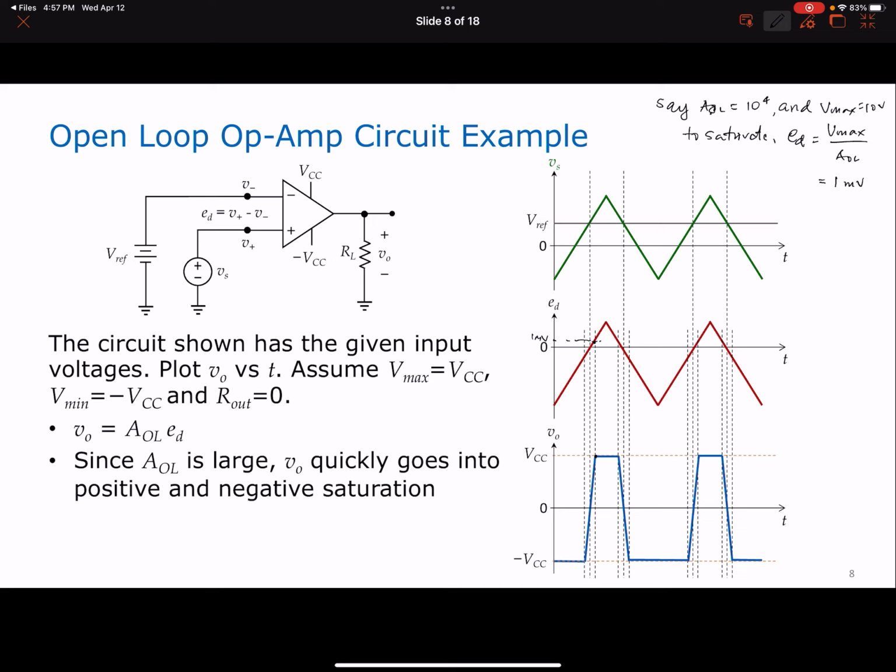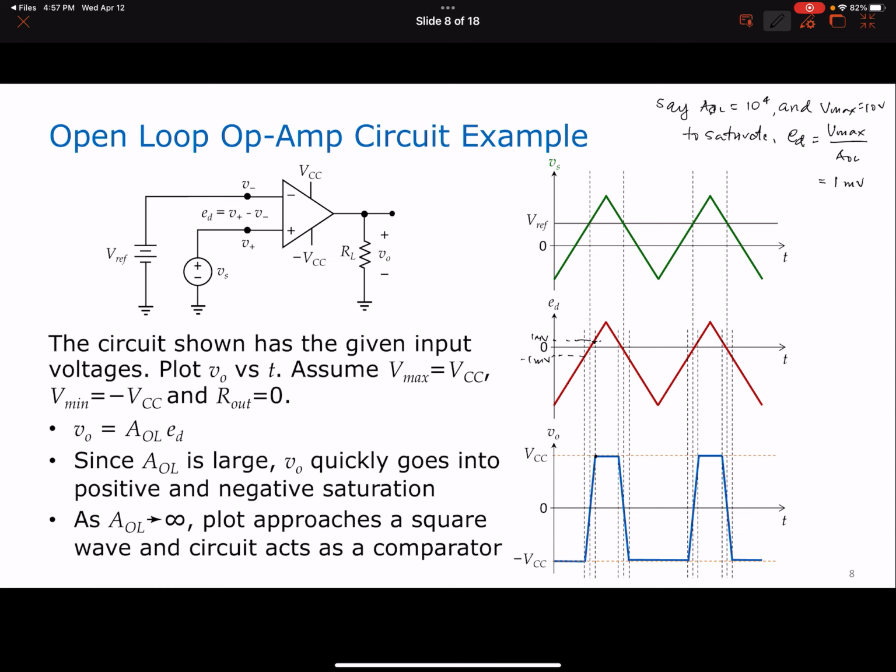So when you have 1 millivolt here, we will saturate here. When you have minus 1 millivolt here, we will saturate at Vmin, which is minus VCC. So this is what our output will look like. Again, for a very, very small change in E sub D, we already get negative saturation and positive saturation.